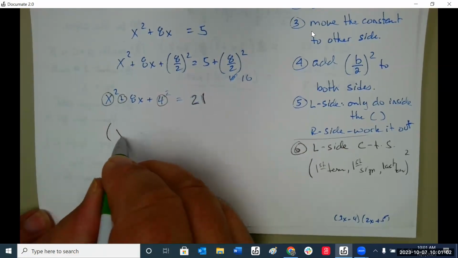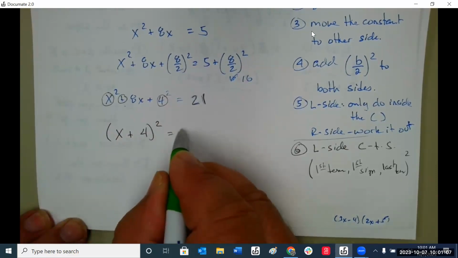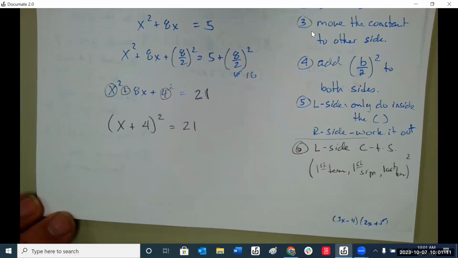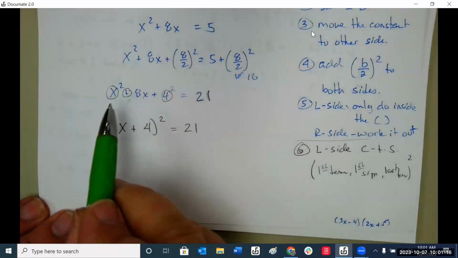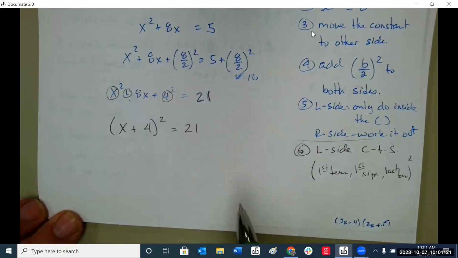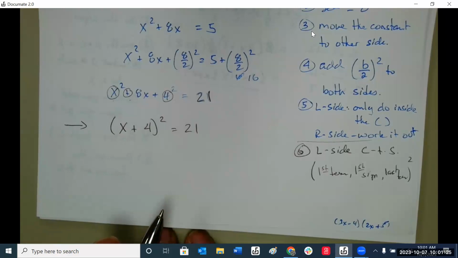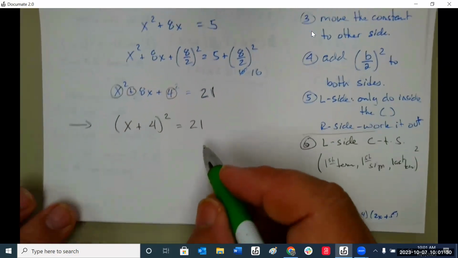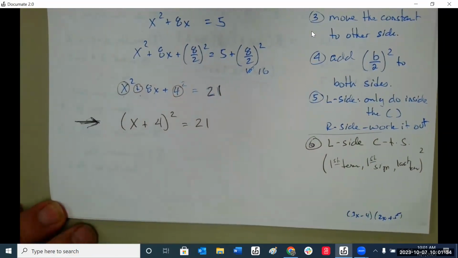So we have (x plus 4) squared. Follow that so far? Because once we get to this part, we just take whatever's under the square and put it inside the parentheses. Remember this stage right here, because I'll show you that in the next formula.